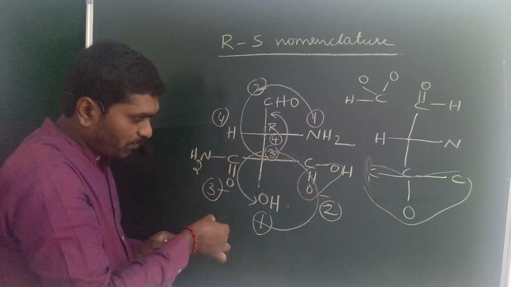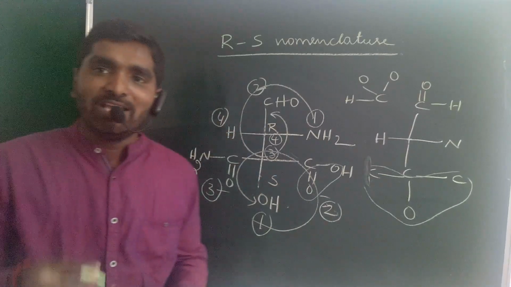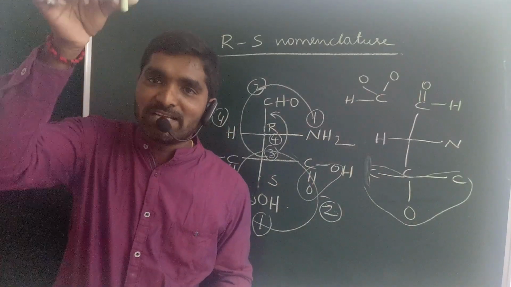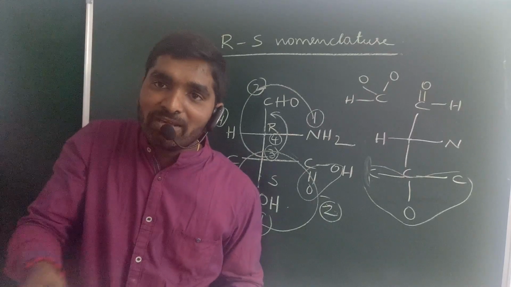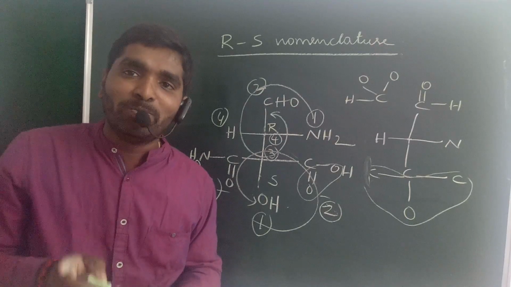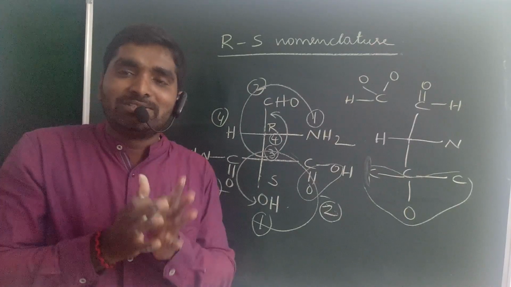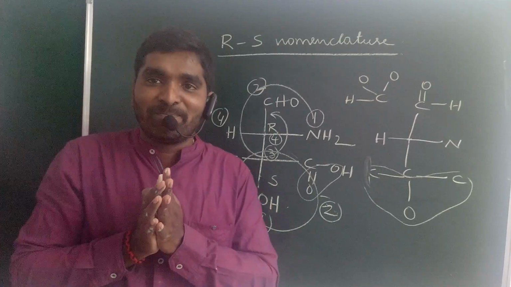This configuration should be the S configuration. If the least priority group is present on the vertical line and the remaining groups go anti-clockwise, the configuration should be S. Okay guys, so this is the RS nomenclature.